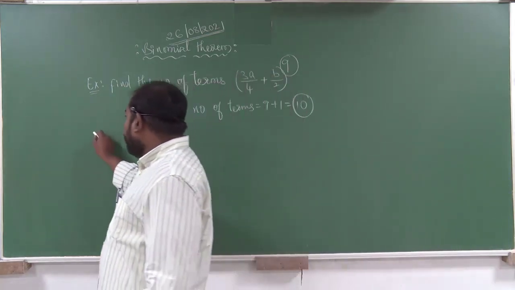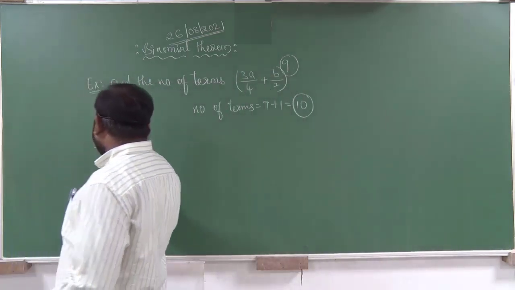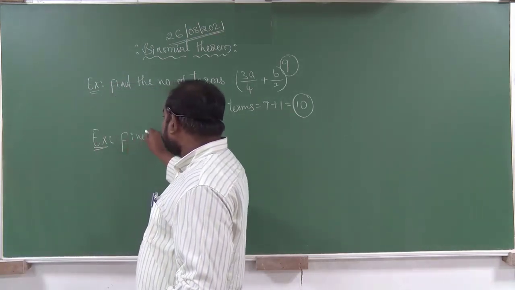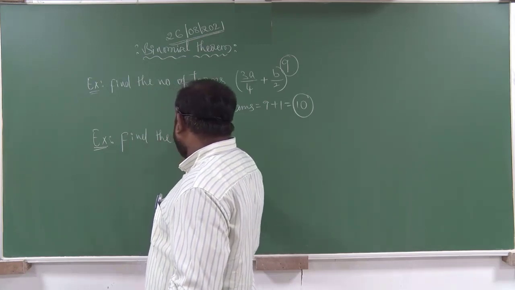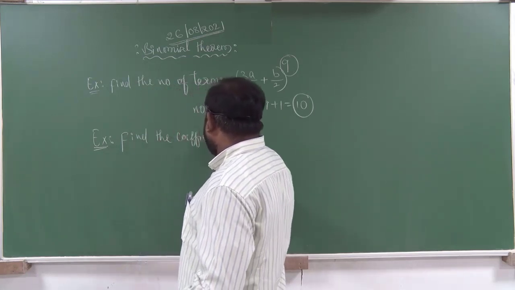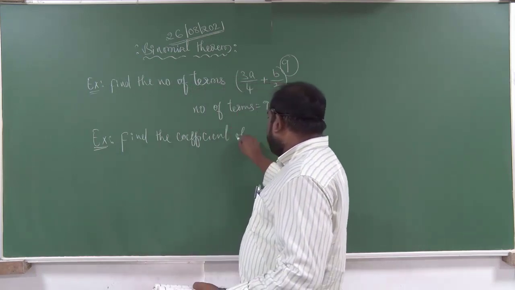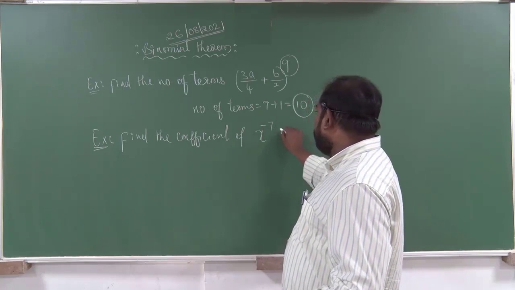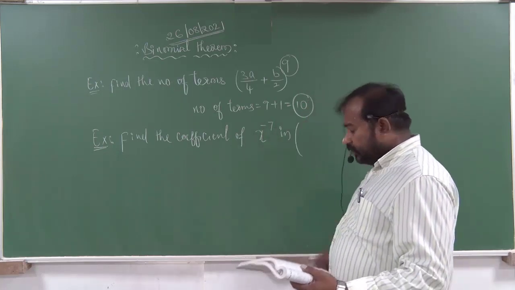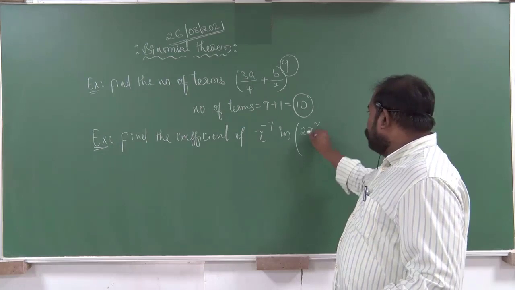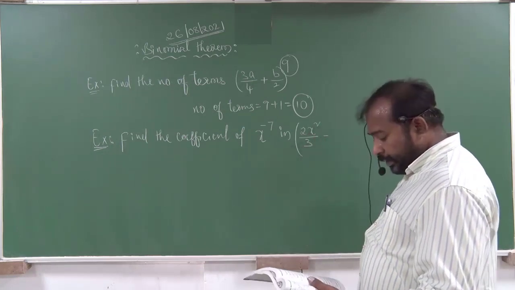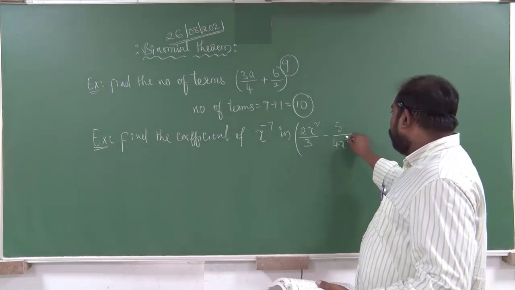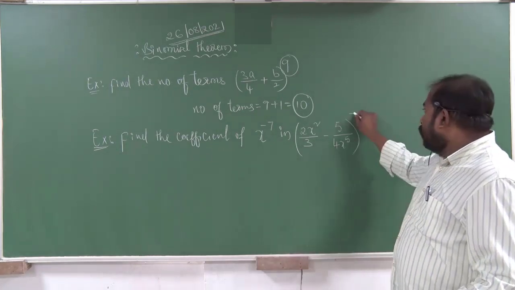Next, one more example I will explain to you. Here the example is, find the coefficient of x power minus 7 in the expansion (2x^2/3 - 5/(4x^5))^7.